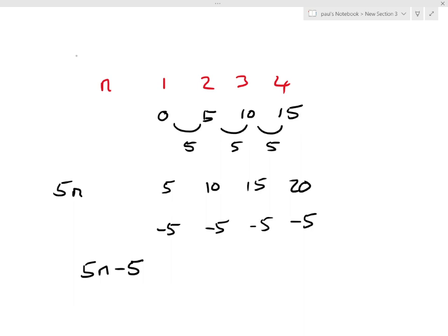So this time we had a negative: 5n minus 5. If we want to find the 40th number, it would be 5 times 40 minus 5. So it's 200 minus 5, which equals 195.